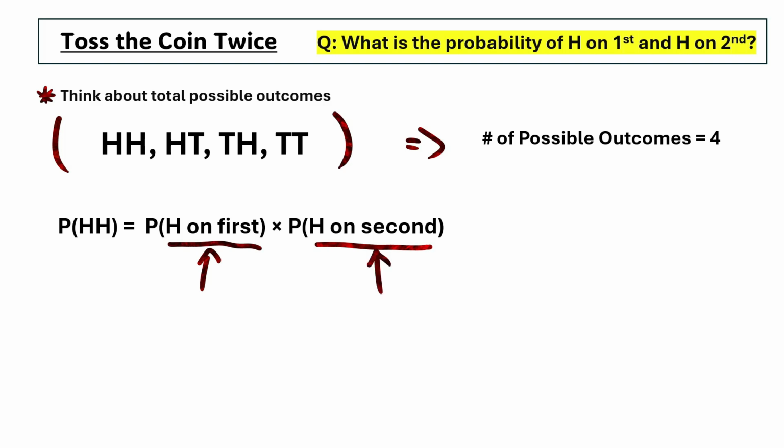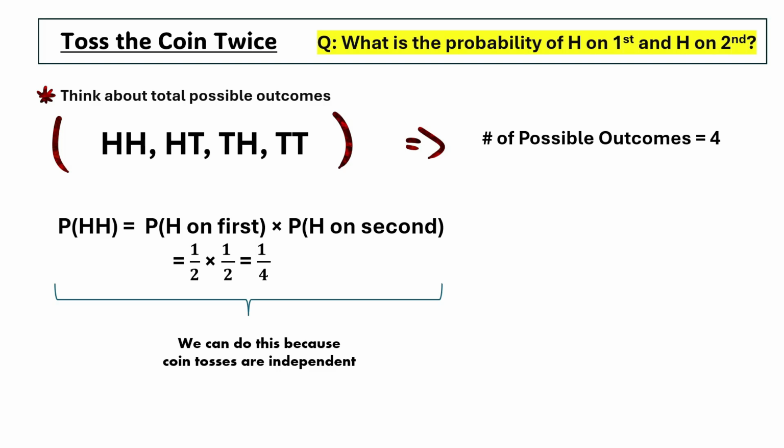If we focus on that individual event all by itself as if we're throwing the coin only once, then the probability of getting heads on the second toss is simply going to be equal to 1/2. So with independence, we can then say that P of HH equals 1/2 times 1/2, which equals 1/4. But you must remember that we can only do this because coin tosses are independent. Without independence, we cannot use this equation.